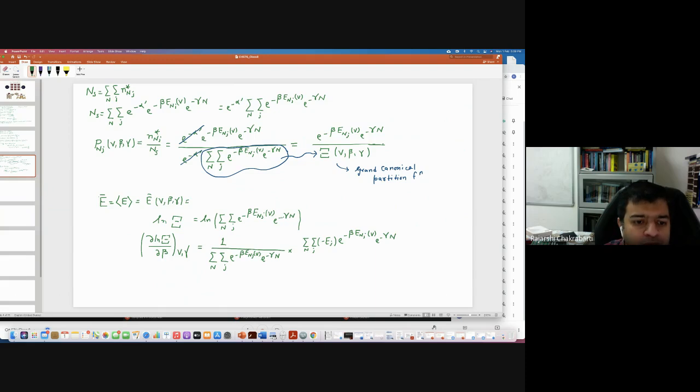Now I go back to the E average definition. It is 1 over the partition function, sum over n, sum over j, Enj, not Ej, it is Enj, e to the power of minus beta Enj, a function of volume, minus gamma n. This is a definition, no? So what is this whole quantity? This whole quantity is nothing but minus of the derivative.